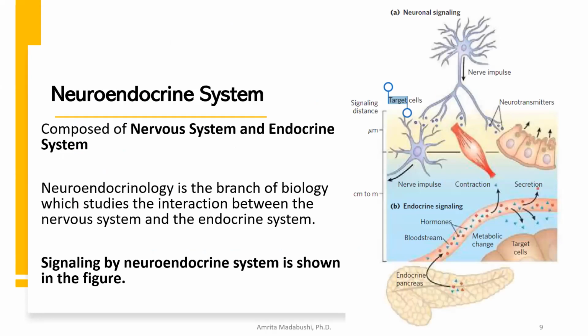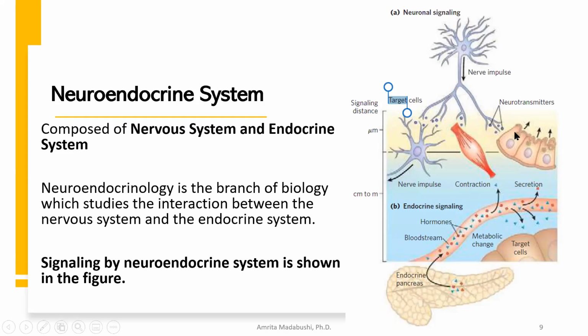Now if we carefully look at this system, which is the nervous system and the endocrine system, and we try to define what people who study neuroendocrinology study, they're studying the interaction between the nervous system and the endocrine system. As someone in the allied health field, this is something you might come across, especially if you're a nursing student, you might come across things related to endocrinology or the nervous system or both.